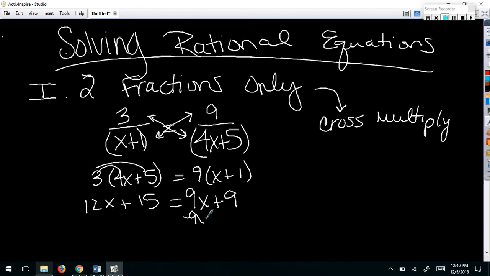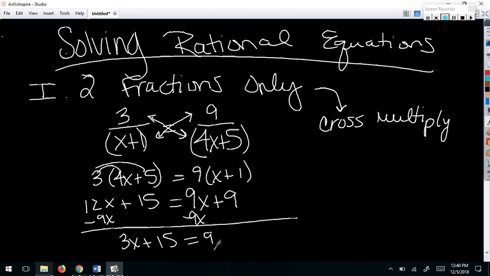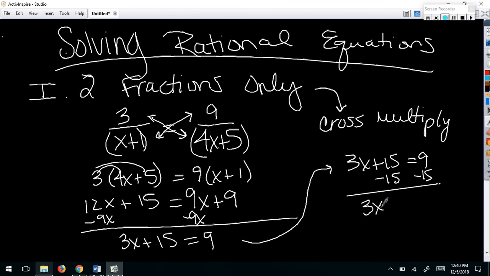Subtract 9x. So now I have 3x plus 15 equals 9. How do you solve that? Subtract the 15. I hope that once you get an equation set up, this is old hat to you.